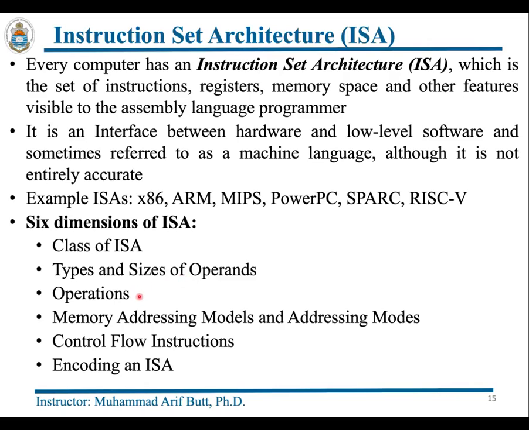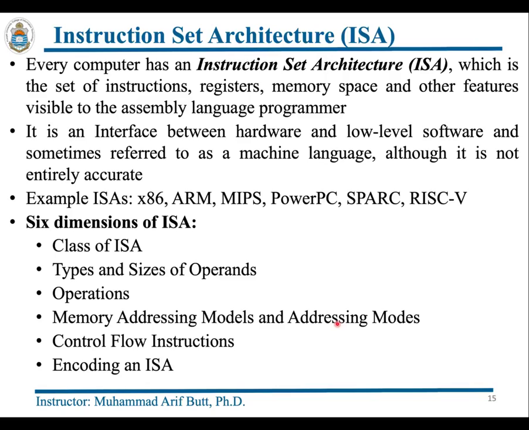The third dimension is the operation. By that I mean the different types of arithmetic and logic operations that are hardwired in that ISA. The fourth dimension is the memory addressing model and addressing modes. By memory addressing model, I mean what is the view of the memory layout for the assembly language programmer.